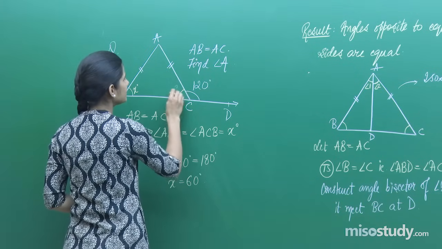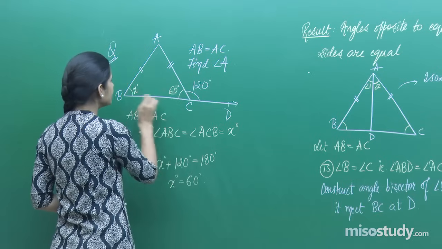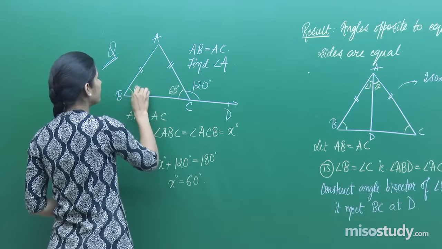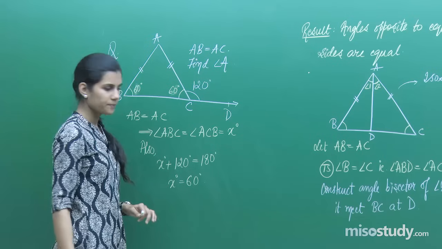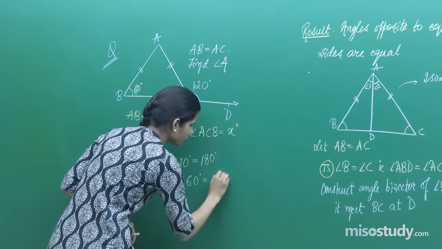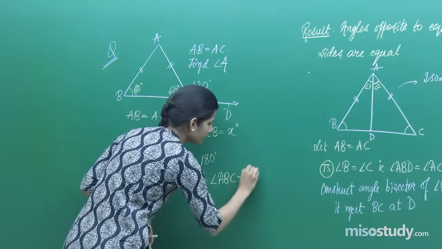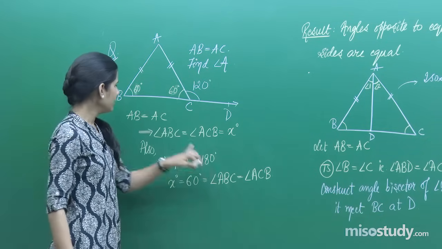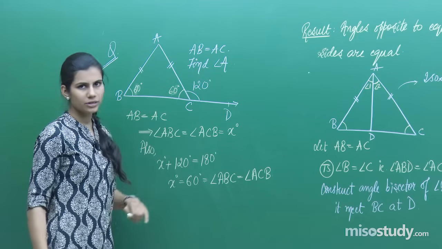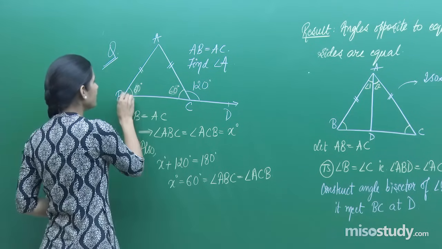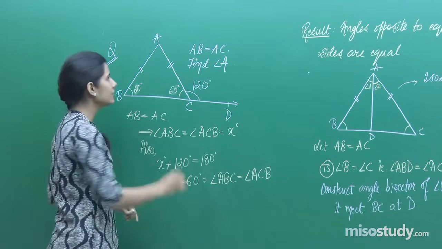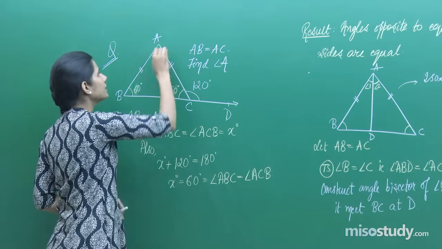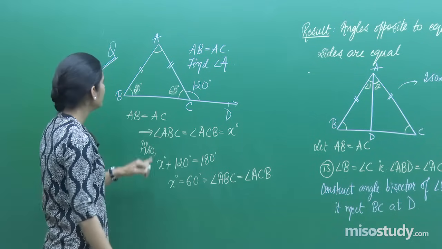You have got the measure of angle C as 60 degrees, but angle C is same as angle B, so even angle B will be 60 degrees, which is angle ABC, angle ACB. Both are equal because of the fact that angles opposite to equal sides are equal. The moment you are aware about two angles in a triangle, can't you be aware about the third angle? It is very, very simple.